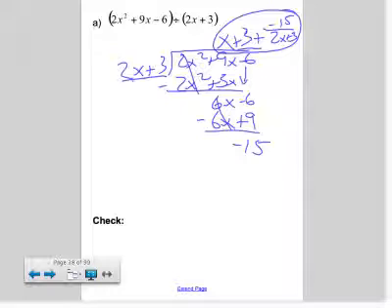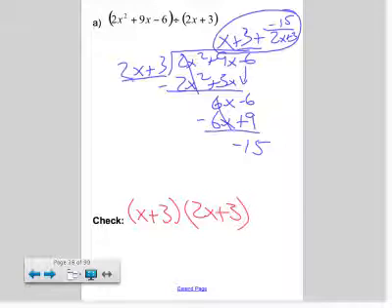Now, the way you check this, we went over briefly in class, is the same way. You take your quotient and multiply it by the 2x plus 3. Really, what you're going to do at the end is just add your remainder or subtract it and make sure you get the right spot.